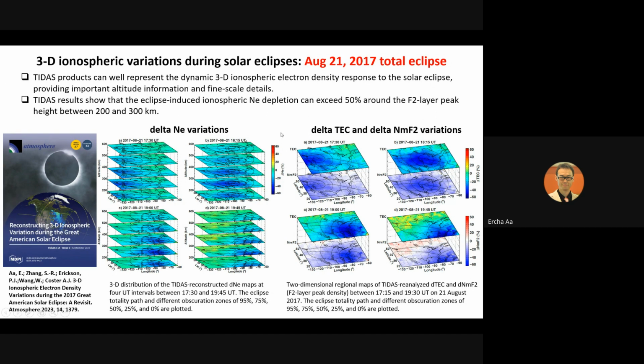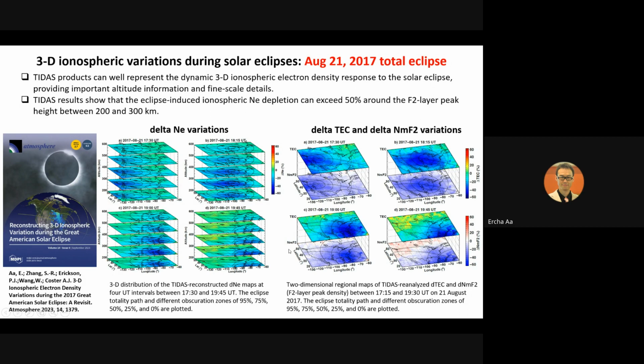So that's an experiment for the August 21, 2017 solar eclipse. Here are the delta NE variations at different altitudes. We can see that with the progress of the totality path over the continental US, there is an electron density depletion passage. The density depletion can reach 30 to 50%, and can even exceed 50% over the F2 region.